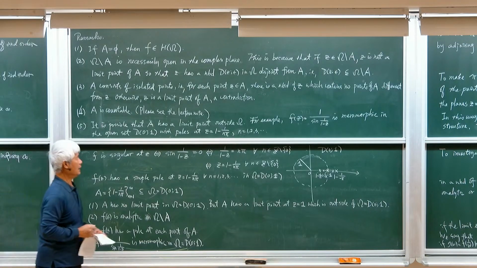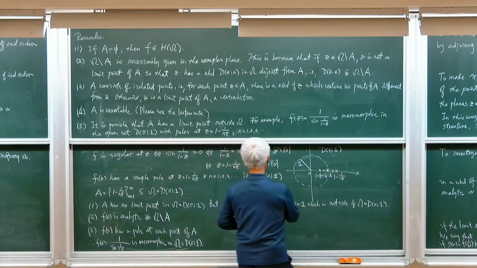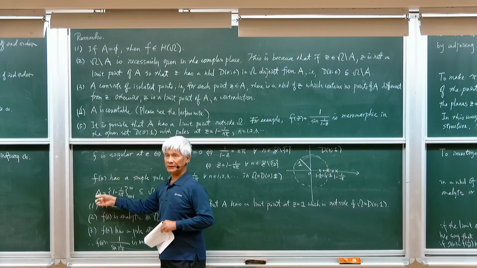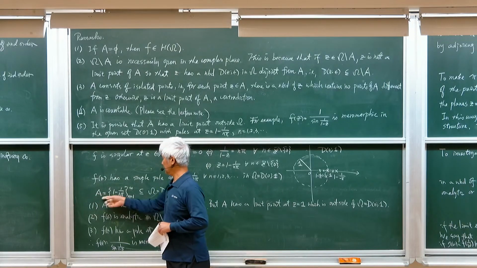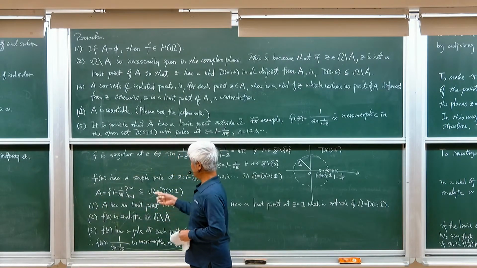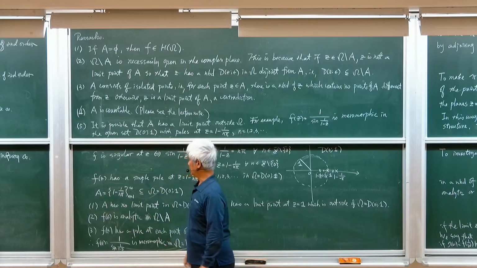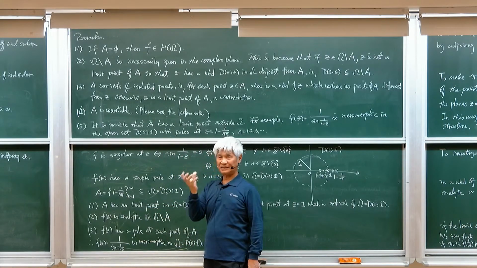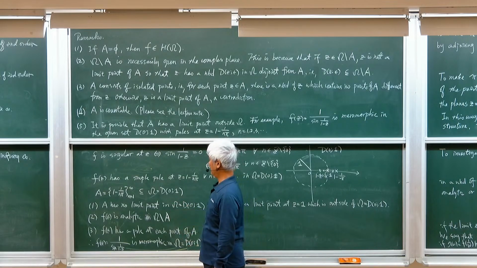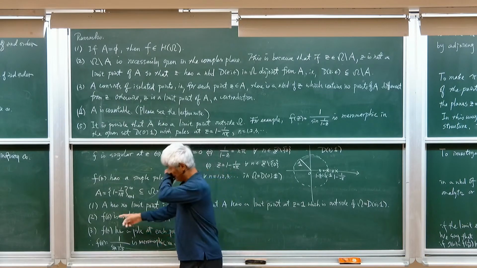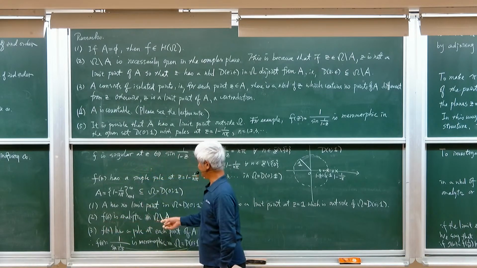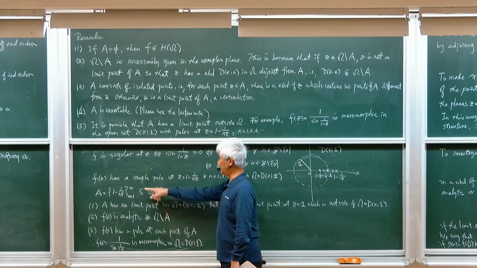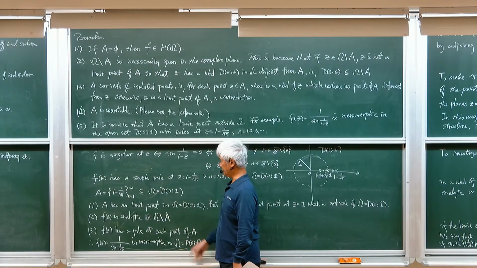From that open set we find the set of singularities. And this set of singularities has no limit point in the selected open set. And the complex function f should be analytic in the open set minus the set of singularities.